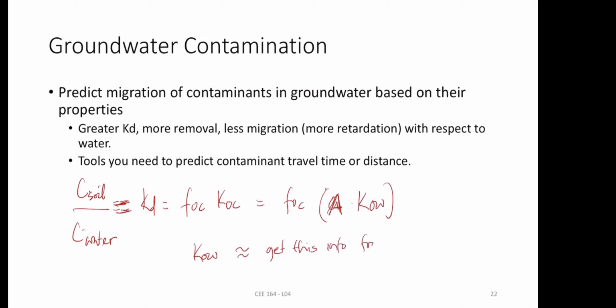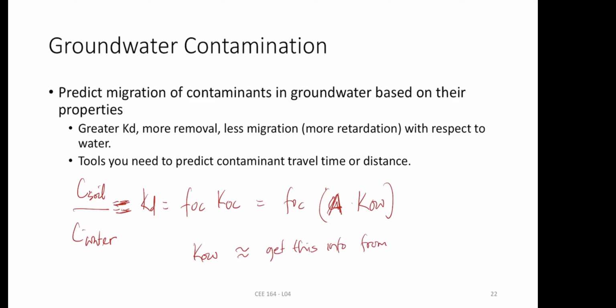info from any thermodynamic constant table. If you search the KOW of a pollutant, an organic pollutant, you'll be able to get that number somewhere in a table. If you can't find it in a reference, I'll be able to help you.